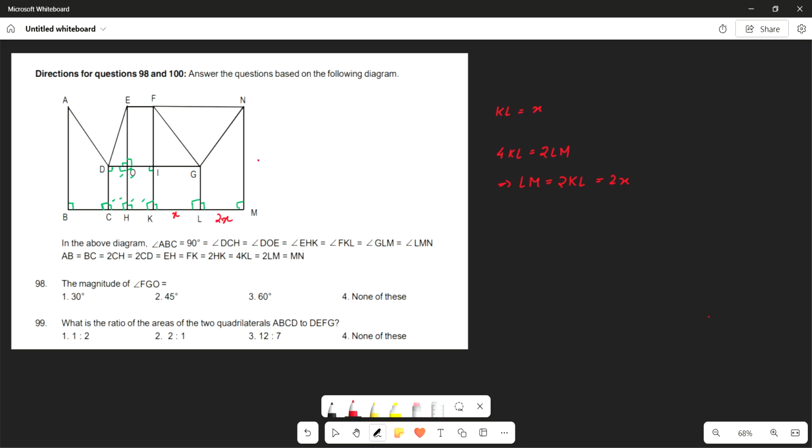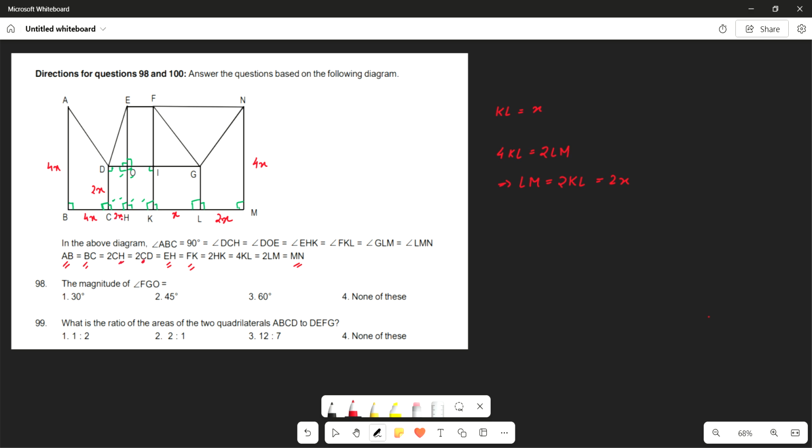What will be MN? MN is 2 times LM. LM is 2X, so 2 times 2X is 4X. MN is equal to AB, AB is equal to BH, BH is equal to EH, EH is equal to FK. That means this is 4X. BC is also 4X. What will be CH? CH will be 2X, and CD will also be 2X because CH and CD are equal.